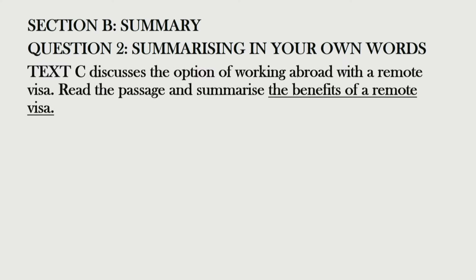Okay, so text C says, text C discusses the option of working abroad with a remote visa, which I still don't entirely understand. Why do they call it a remote visa? I mean, why just a visa without a work permit? But anyway, that's what it's called.